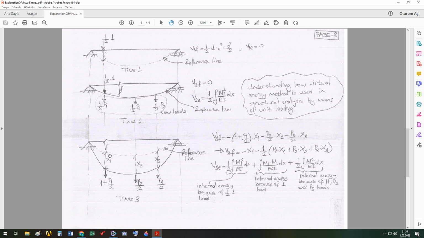But here I have one unit load, but the deflection corresponding and because of this one unit load, it's constant. It's constant.